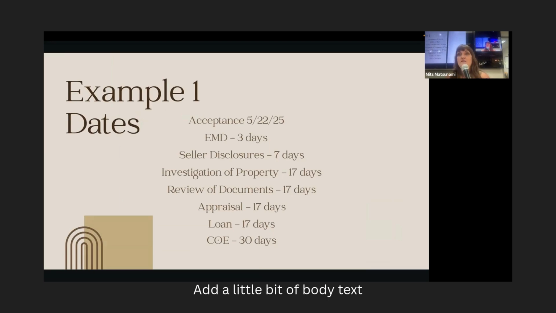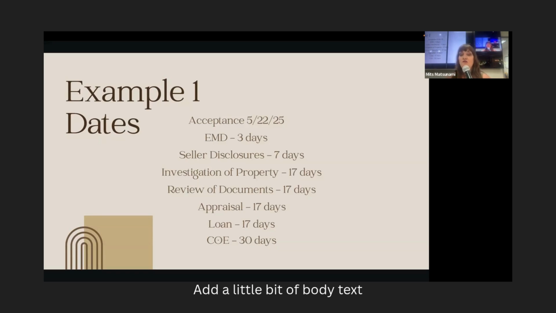We're going to pretend that acceptance is today, so 5/22/25. Our EMD is the standard 3 days. Our seller disclosures are the standard 7 days. Investigation of property is 17 days. Review of documents is also 17 days. Appraisal, 17 days, loan, 17 days, and close of escrow, 30 days.